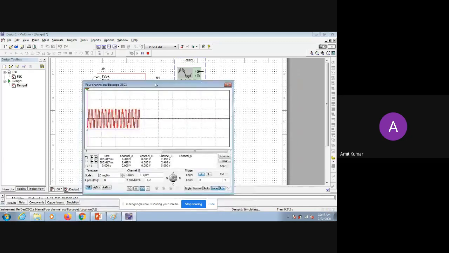We will remove the other inputs. So B I will make 0, and A I will also make 0. Now this is your output.